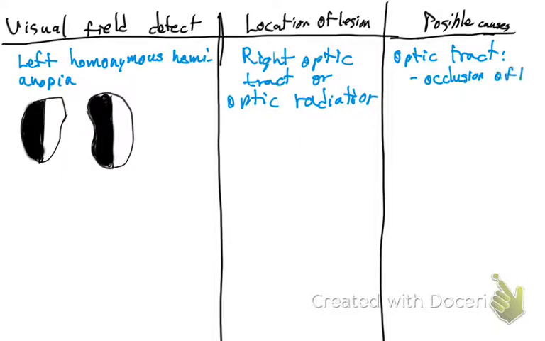Occlusion of the anterior choroidal artery. So choroidal, yeah, there we go. Artery. Okay.